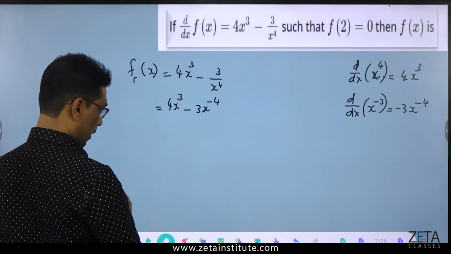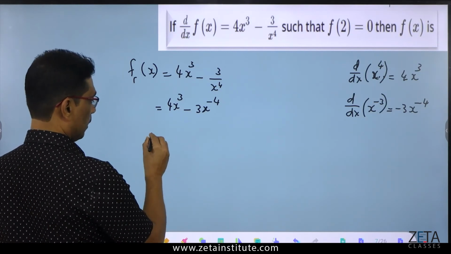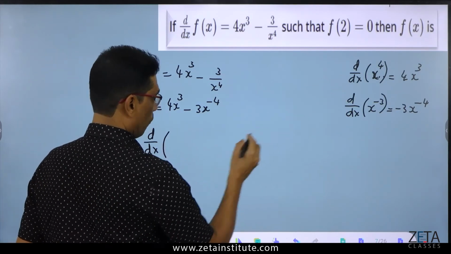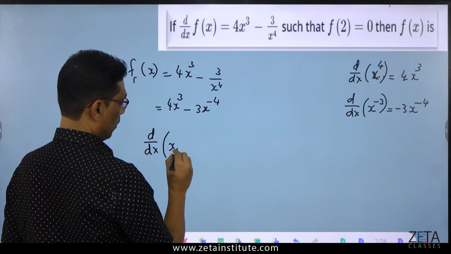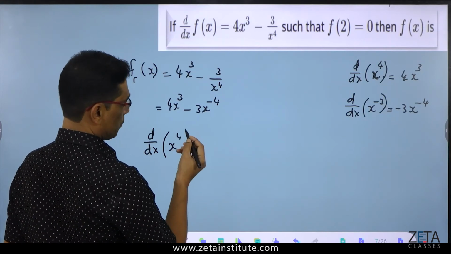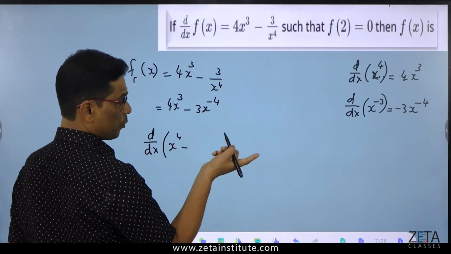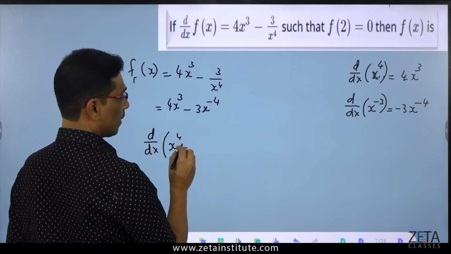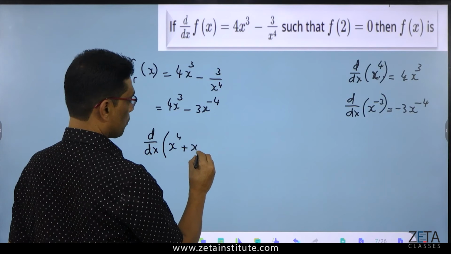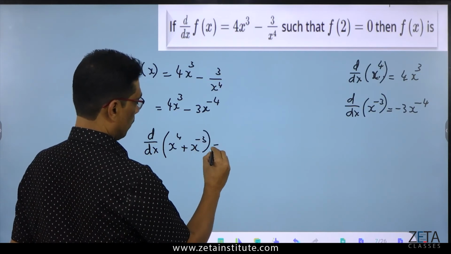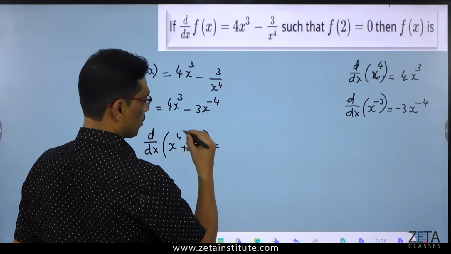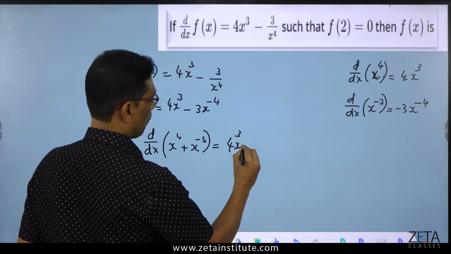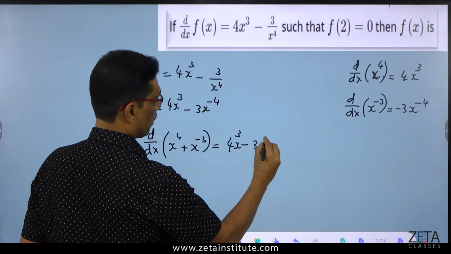So we have to integrate 4x cube minus 3x raised to minus 4.